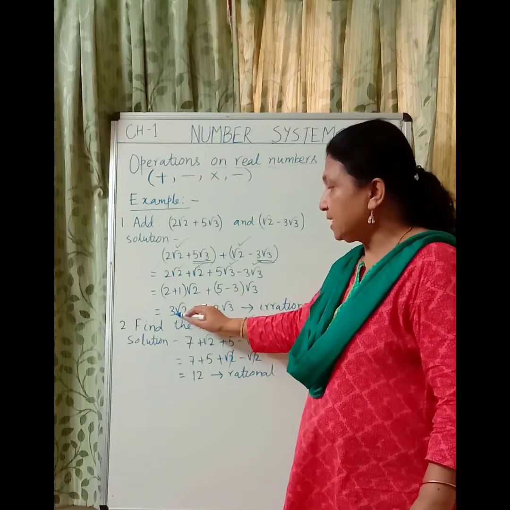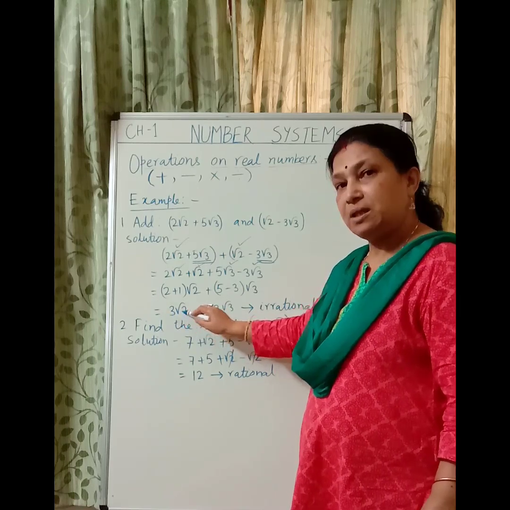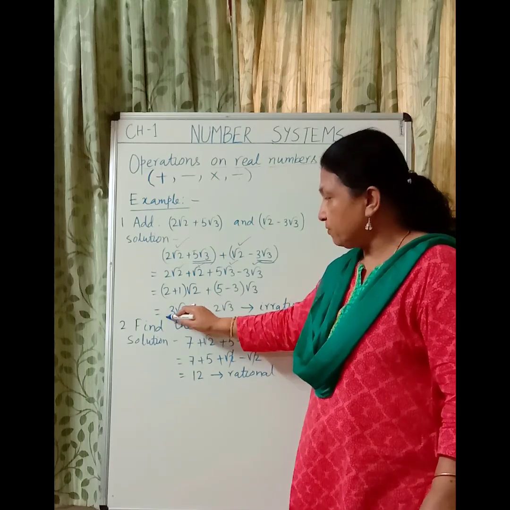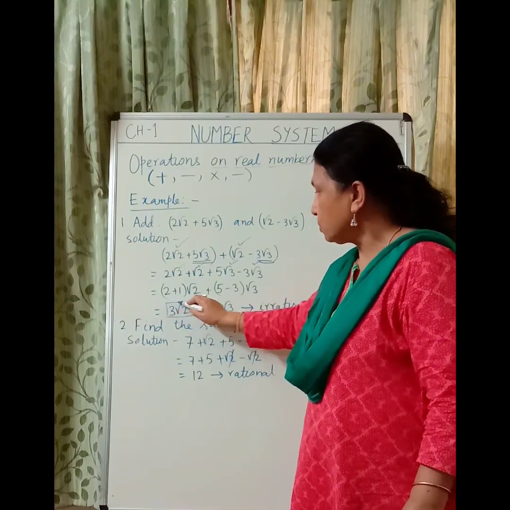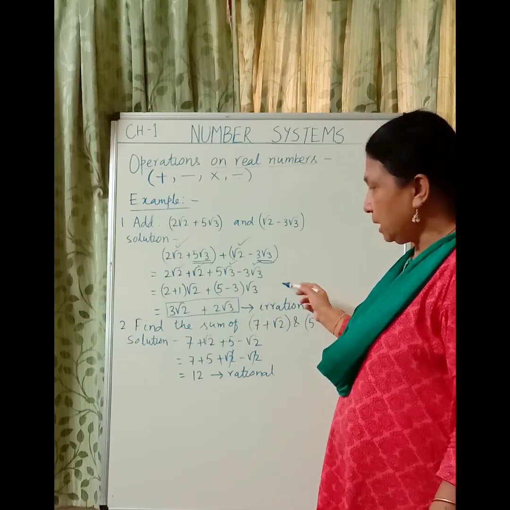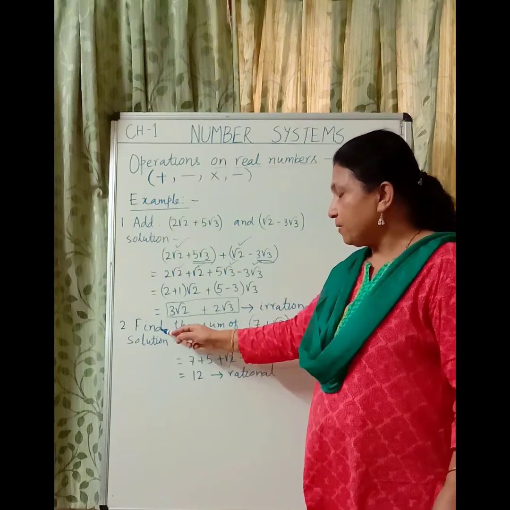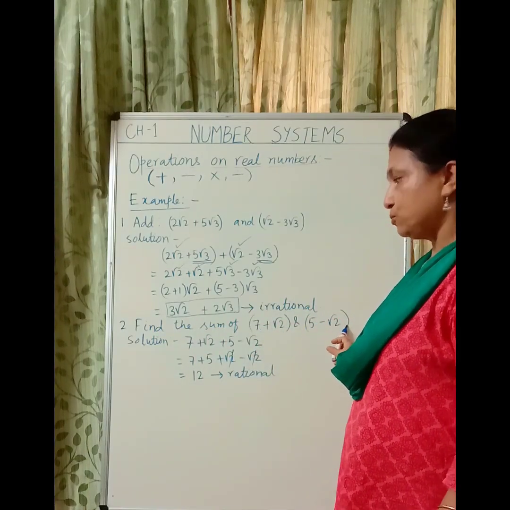Whenever we take the combination of rational and irrational number, we first write the rational number, then the irrational number. So the result is 3 root 2 plus 2 root 3, which is an irrational number. Another example: we have to find the sum of 7 plus root 2 and 5 minus root 2.